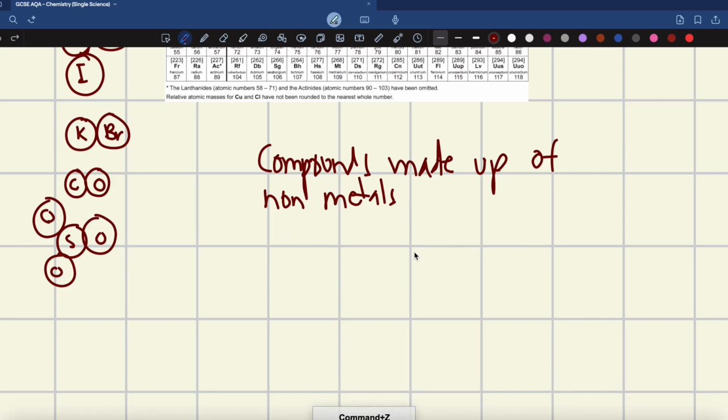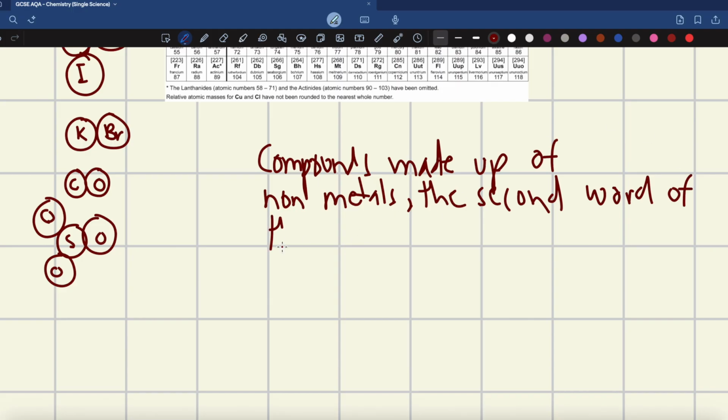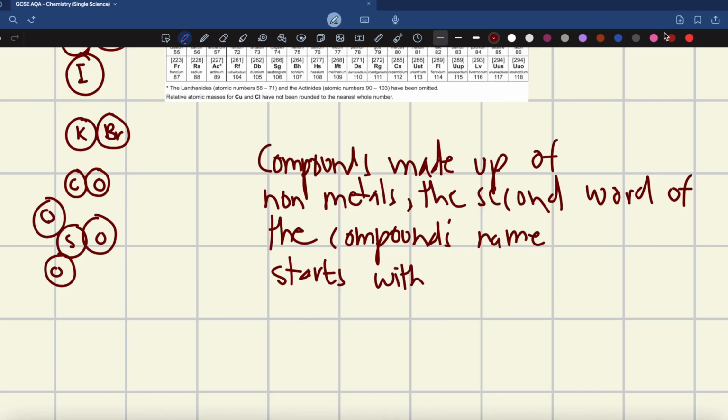For compounds made up of nonmetals, the second word of the compound's name is going to start with a mono, di, or tri. Mono means 1, di 2, tri 3.